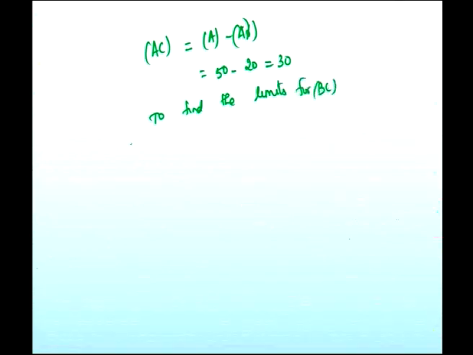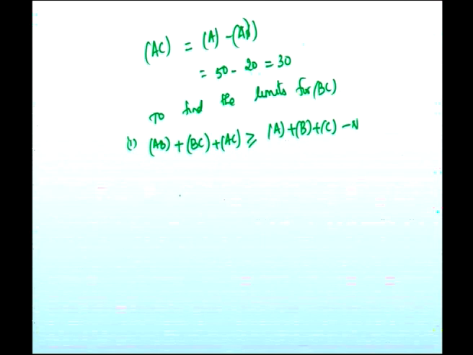Okay. First, using the conditions AB, using the criterion for consistency, we have AB plus BC plus AC is greater than or equal to A plus B plus C minus N. We have got all the values, so therefore, we need only BC.